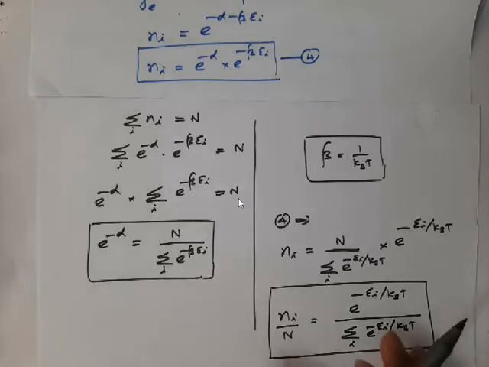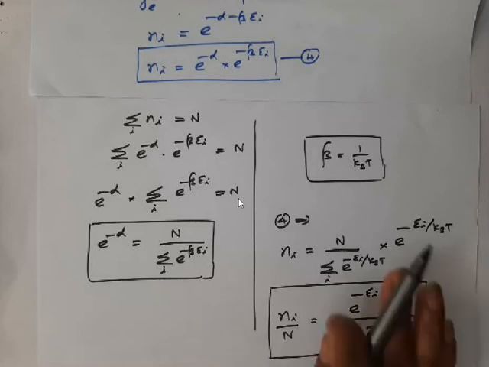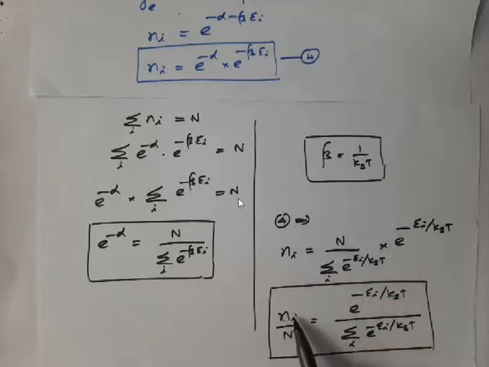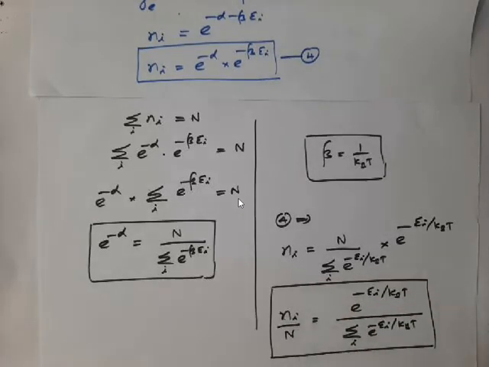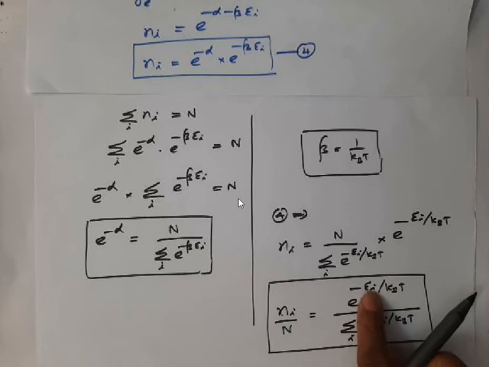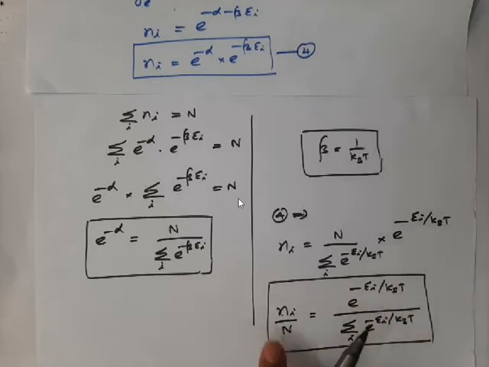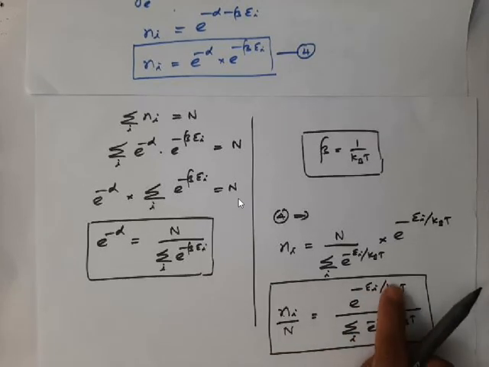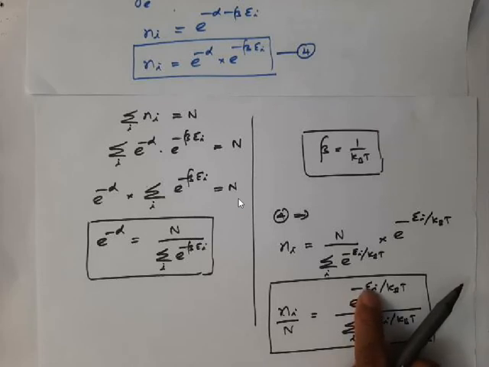This expression is applicable for the most probable distribution. You can find the number of population in each level directly if you know the value of N, the value of Ei, and temperature. N value will be given, temperature you know, Ei should be obtained through quantum mechanics.